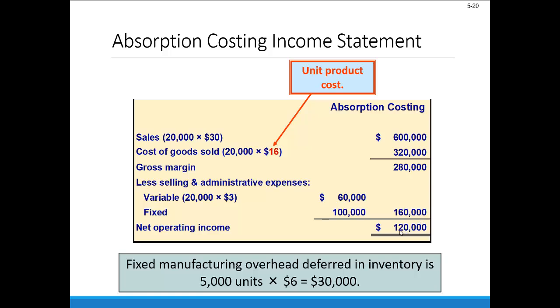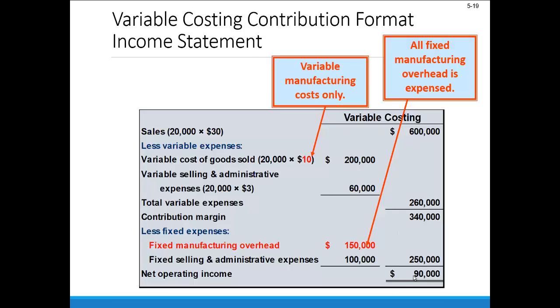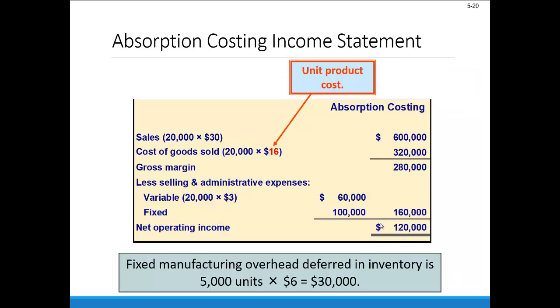Now the difference in income between variable costing and absorption costing, 90,000 versus 120,000, is due entirely to that treatment of fixed overhead. Under absorption costing, we've trapped or deferred in inventory 30,000 in fixed overhead costs from the unsold units. I remember we made 25,000 units, we sold 20,000.